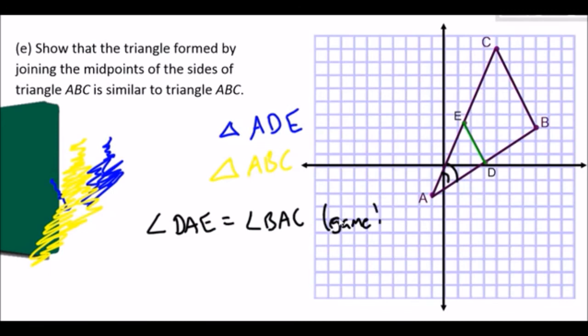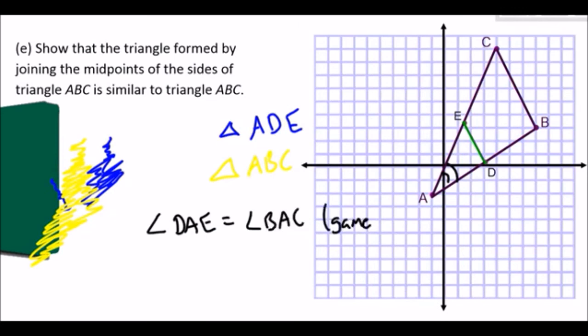Same angle. So in other words, the angle that I trace from D to A to E is the same as the angle I trace from B to A to C. And that's because it's the same angle. They're both formed of vertex A and the sides that make up vertex A. So I know there's already one angle that's the same.